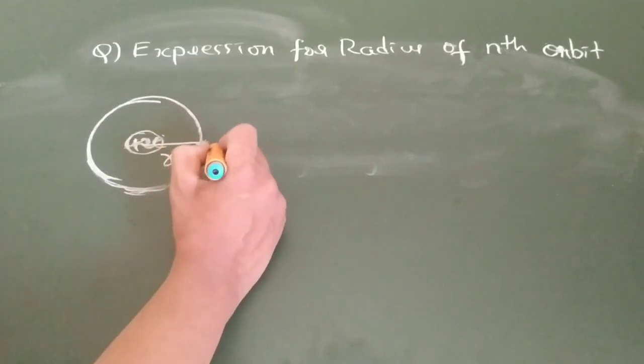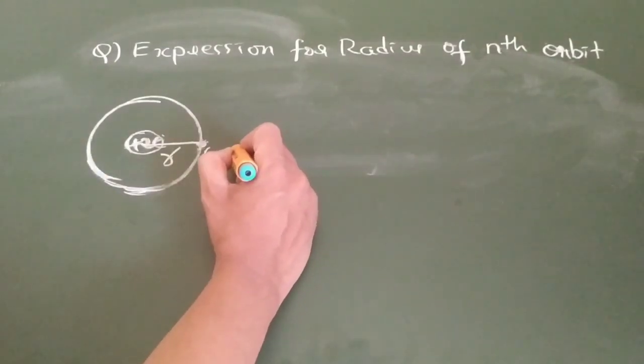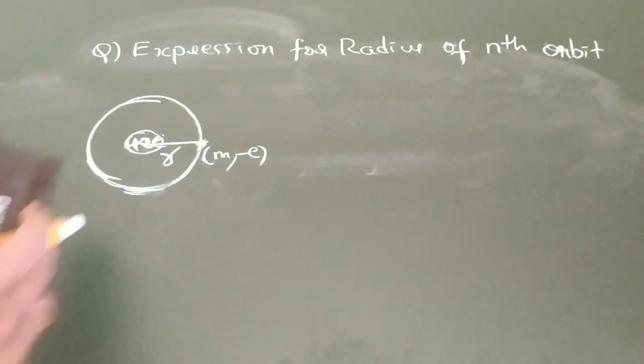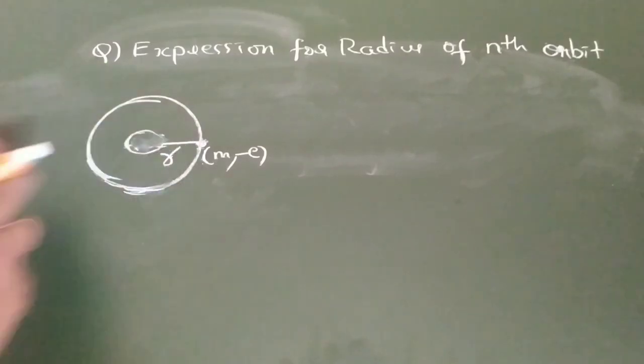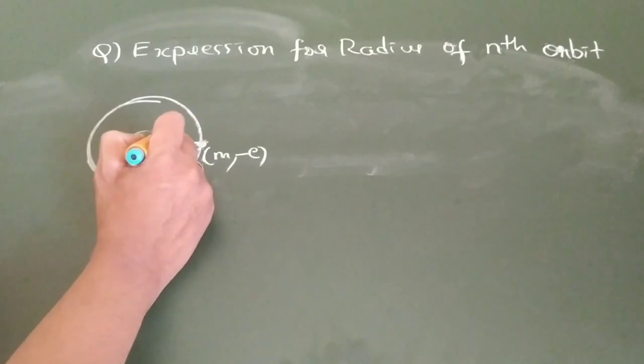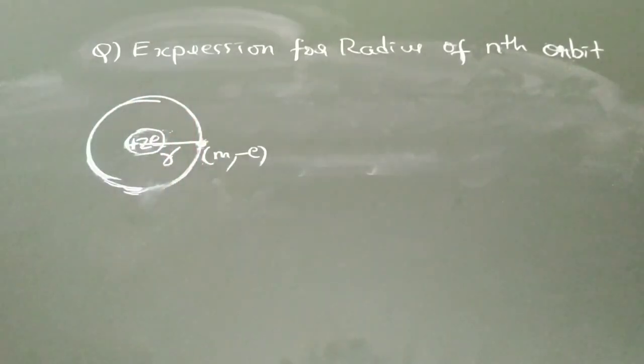Here we have one electron having mass m and charge minus e. I am writing this plus Ze properly. I am taking the radius from the center. I believe you can understand this.